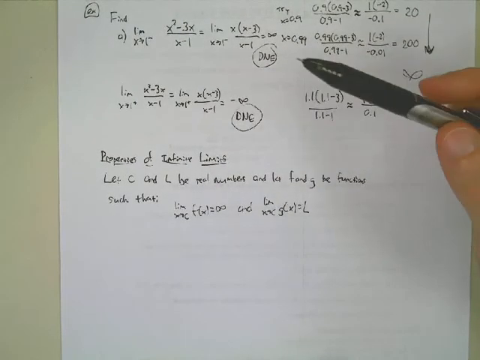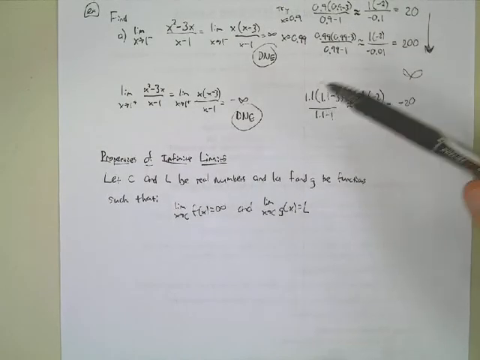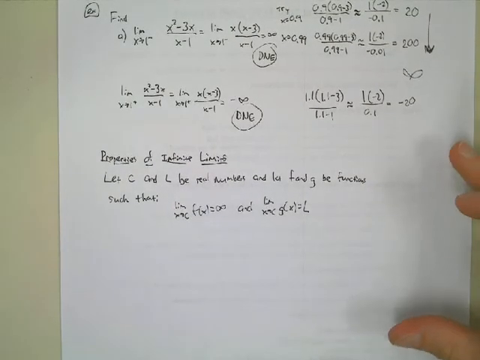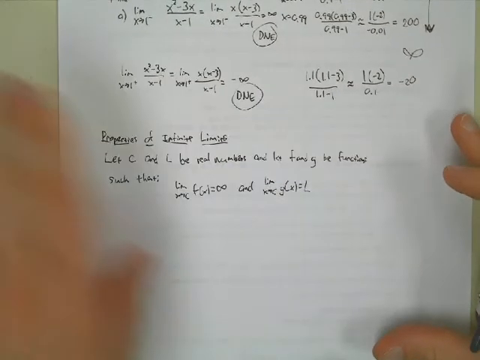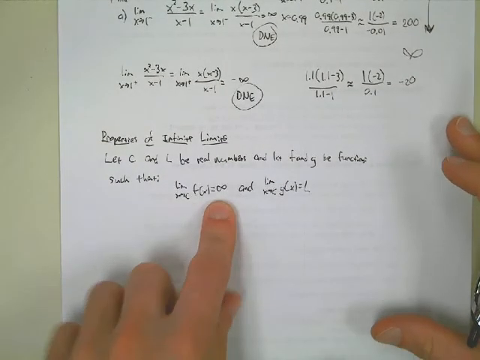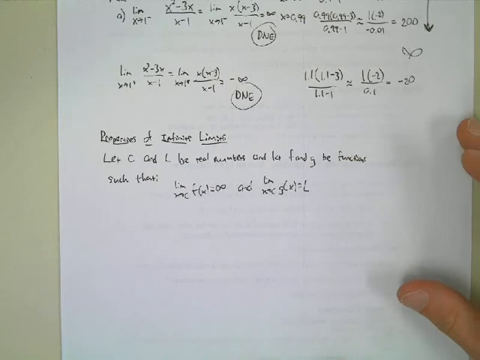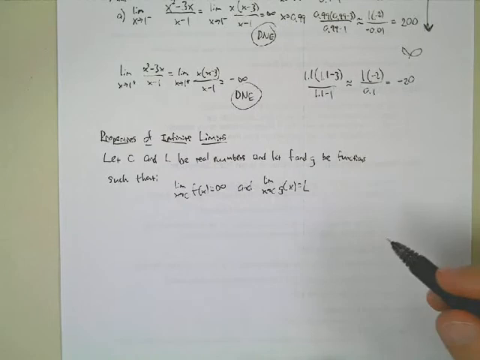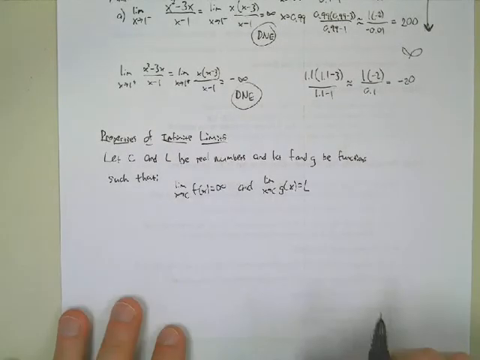And of course, F and G are our typical random functions. In this particular case, the limit as x approaches C of f is positive infinity. And the limit as x approaches C of g of x is a number. It does have a limit L. So that's our setup there.